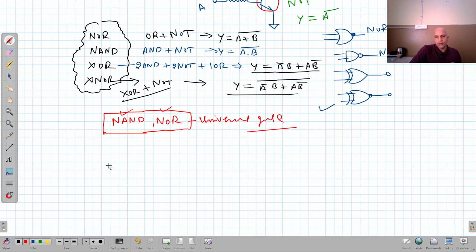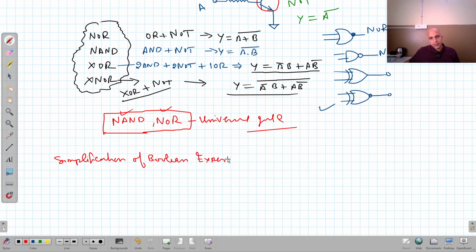Now I am coming to one of the important topics here in logic gates, that is the simplification of Boolean expressions.